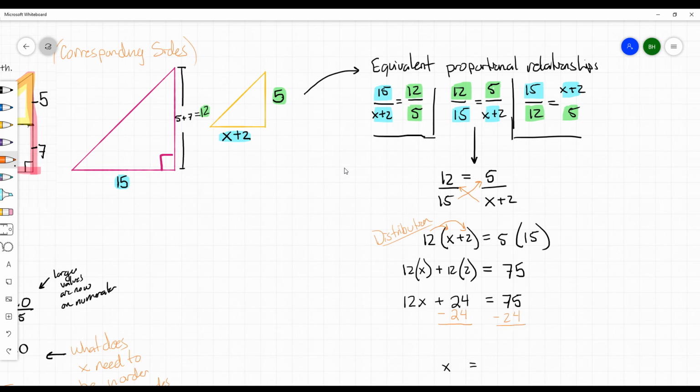In order for us to continue, 24 minus 24 is 0. That's going away. Okay, and I can bring down this 12x. And then I can set that equal to 75 minus 24. I get a value of 51.